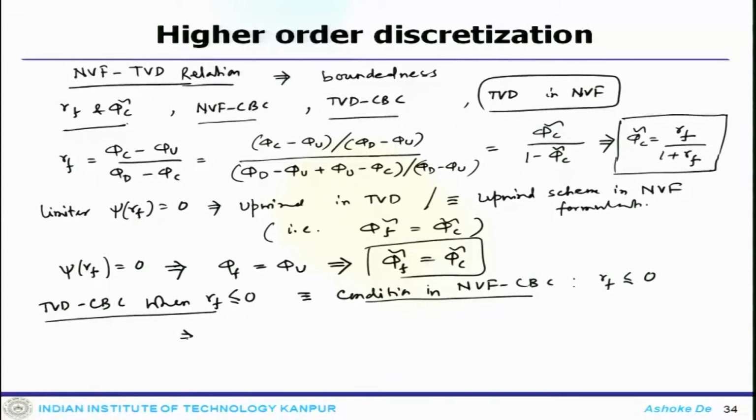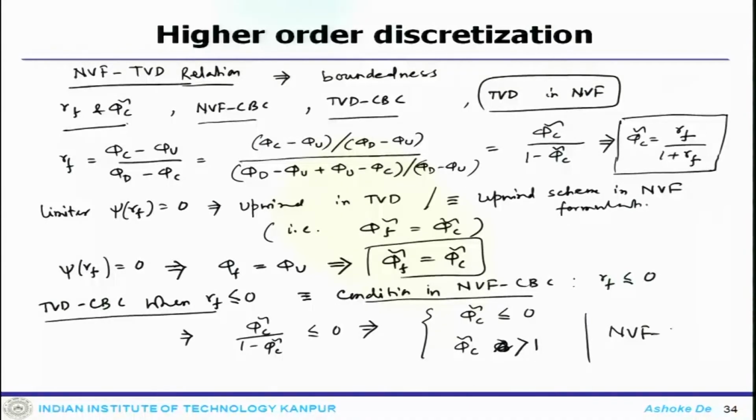So, that tells us phi c tilde less than 0 or phi c tilde greater than 1. So, these also represent the condition for imposing upwind scheme in the NVF CBC.